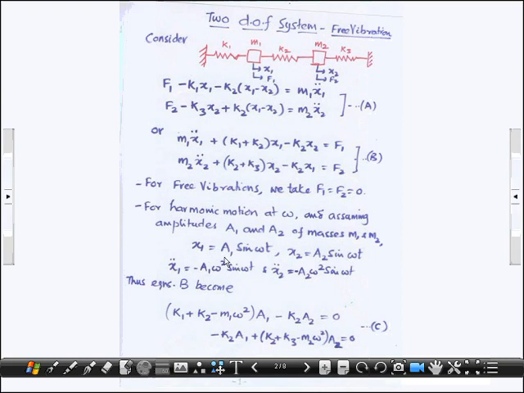Or we have the accelerations given by x1 double dot equal to minus A1 omega square sin omega t and x2 double dot equal to minus A2 omega square sin omega t.